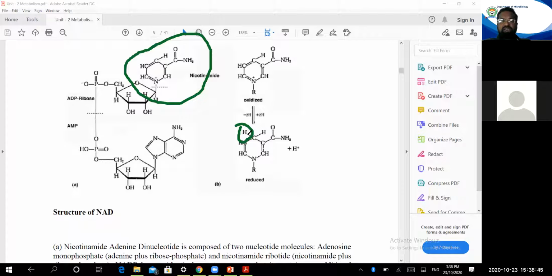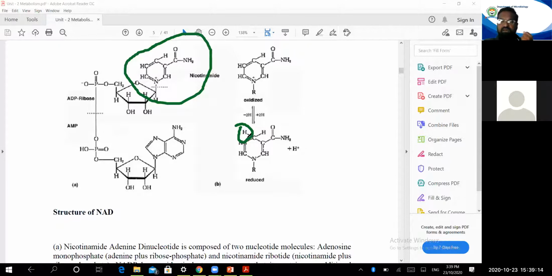It becomes reduced. The substrate has oxidized and NAD has reduced itself. NAD has become NADH2, or sometimes it is also written as NADH plus H, whatever. It becomes reduced.